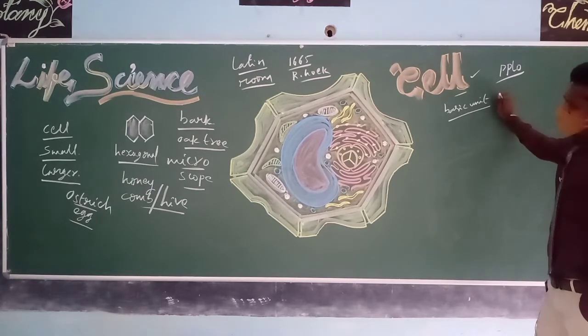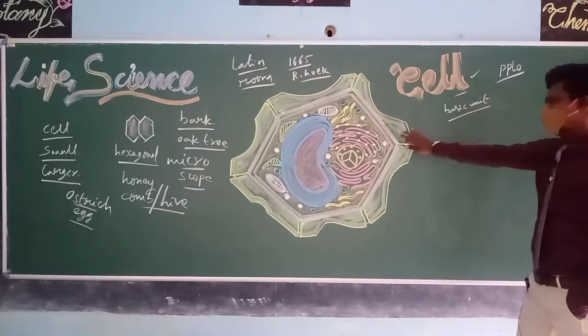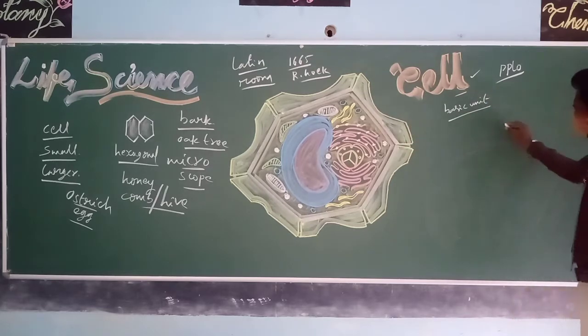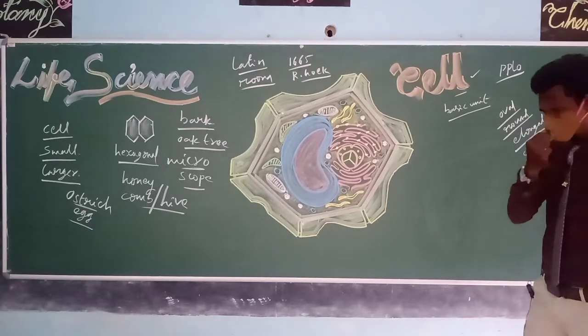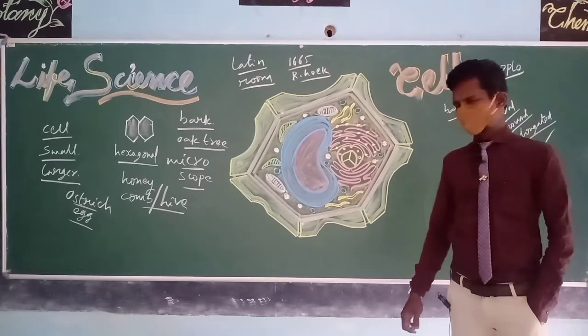Then coming to the main differences between plant and animal cells, this is a plant cell. Our animal cell may be oval or round or elongated or star shaped. So different types of shapes we could observe.